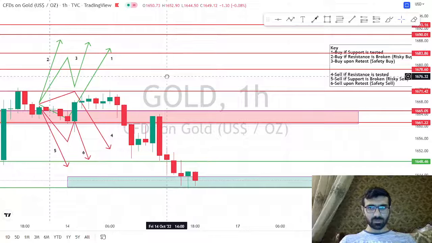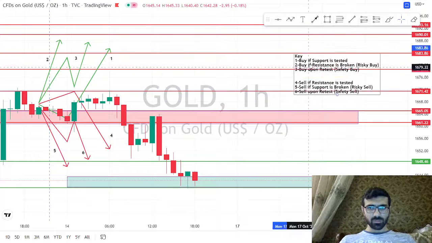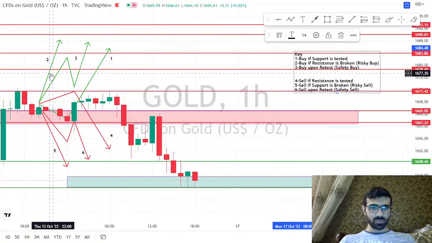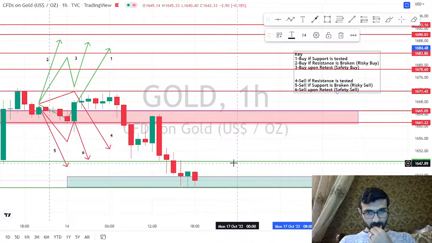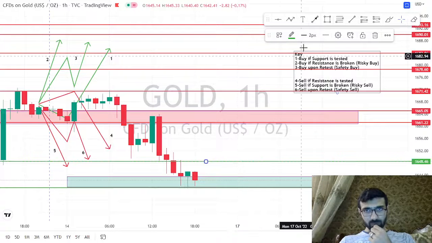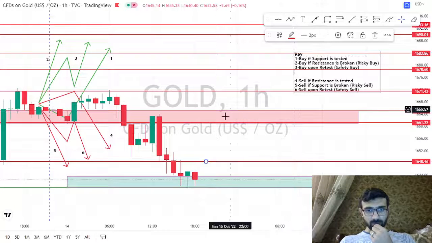The key is going to remain the same. Now let me just move these. This area is also going to get converted and become an area of resistance.